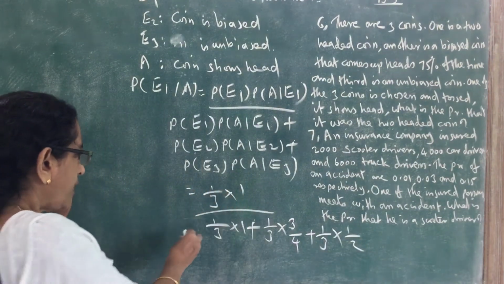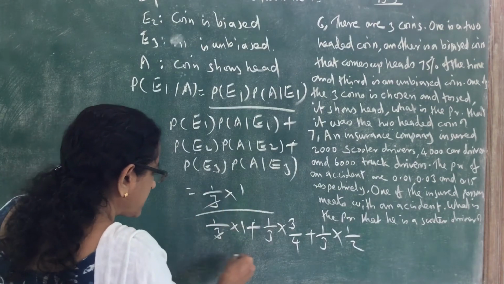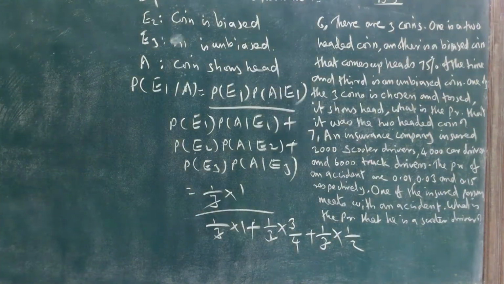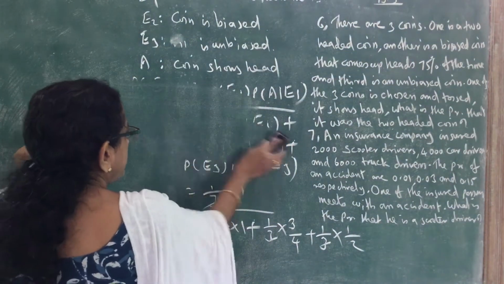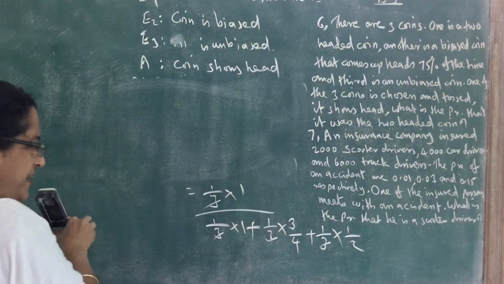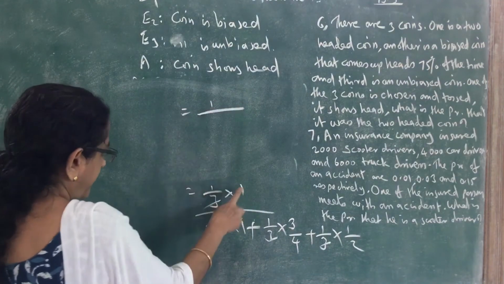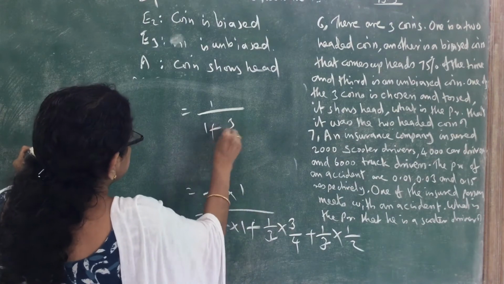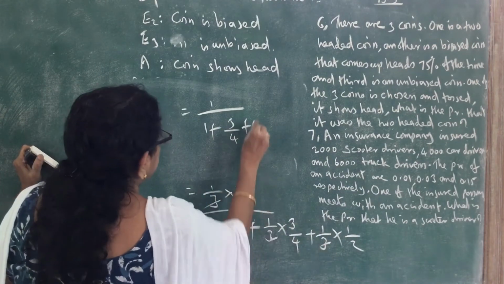Now here 1 by 3, here 1 by 3, here 1 by 3. So in all the terms there is 1 by 3 that we can cancel. Then we can simplify. So that is equal to 1 divided by 1 plus 3 by 4 plus 1 by 2.